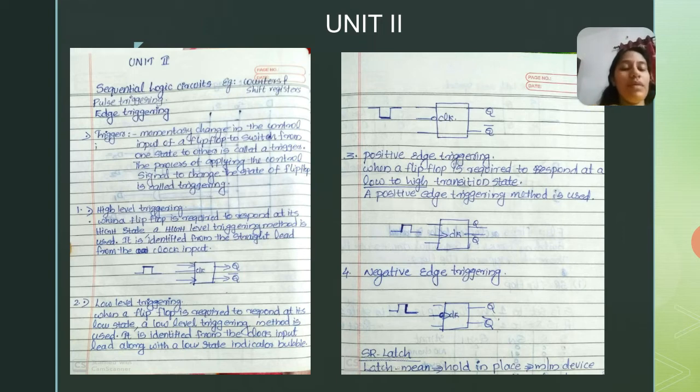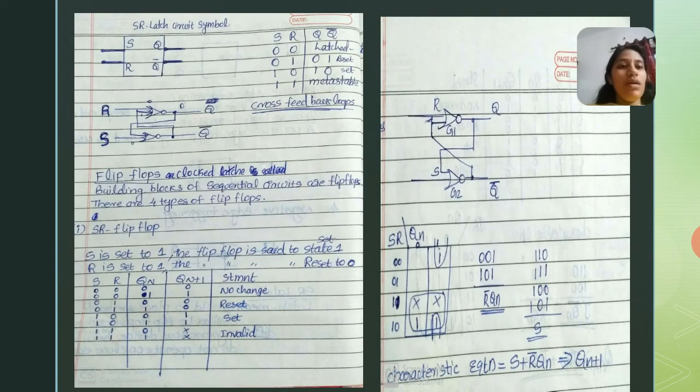So, a latch is a memory device. Here you can study the SR latch, and the circuit symbol is as depicted in the figure. Moving on to the truth table, you can see S and R as inputs and Q and Q bar as outputs.